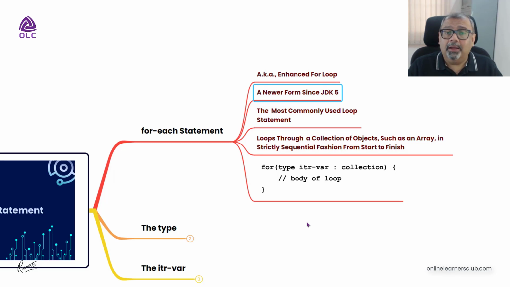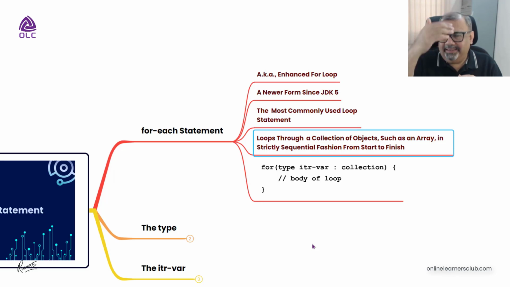And now, by and large, this is the most commonly used loop statement. It is one of the most commonly preferred statements because you don't have those iteration variables hanging around, and there is less clutter, which makes the code much cleaner. That's the basic concept, where it loops through a collection of objects such as an array in the same sequential order from start to finish.